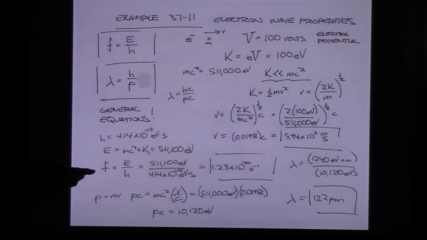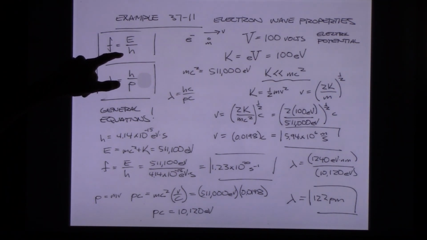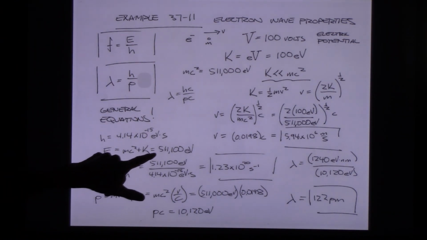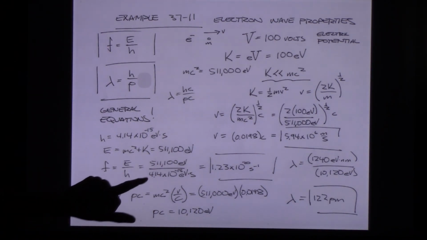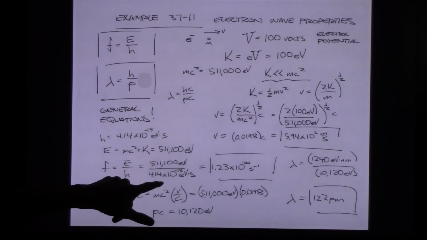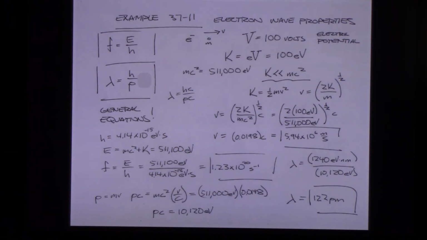Now, to find the frequency of the electron, I take the total energy and divide through by Planck's constant. Well, the total energy is 511,000 with the 100 eV kinetic energy added onto it, divided through by Planck's constant. It says the frequency is 1.23 times 10 to the 20th per second. What does that even mean? It's an enormous number.